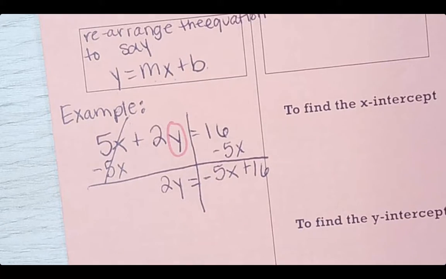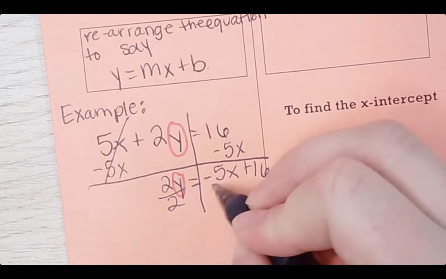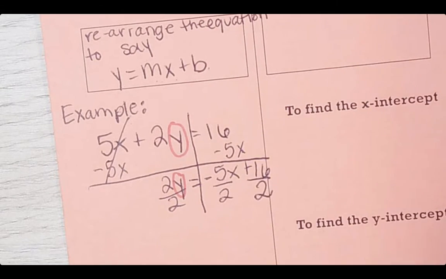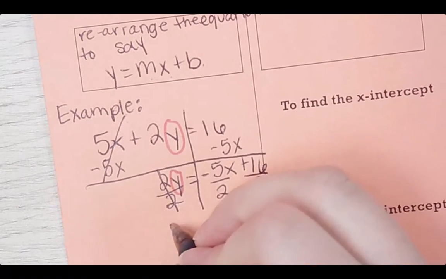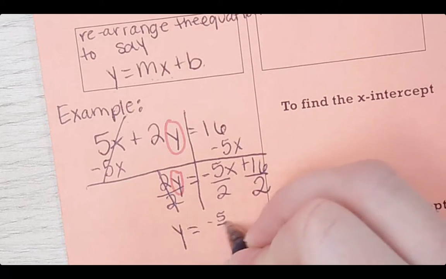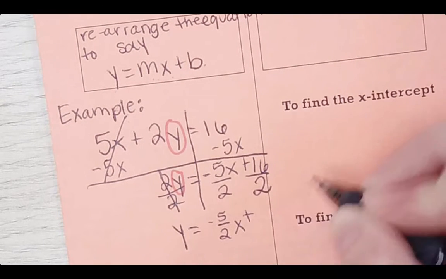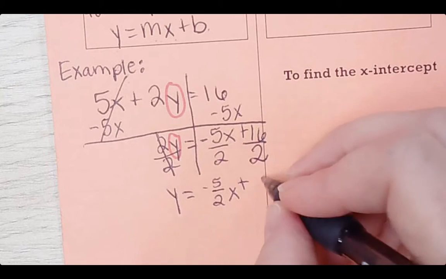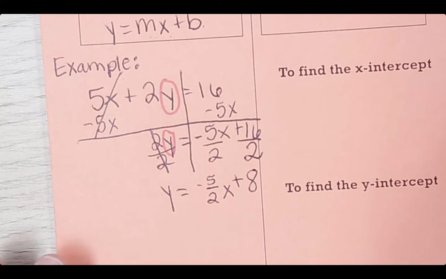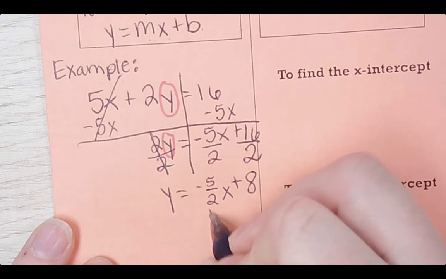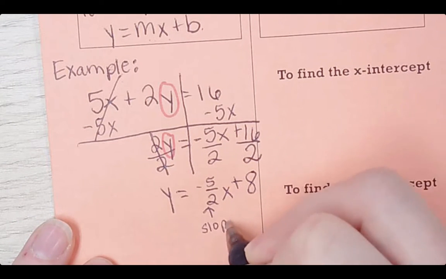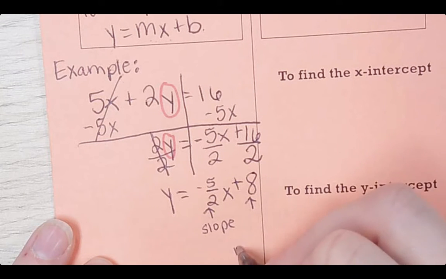Okay, and then we're still trying to get y by itself. So that means we need to divide by 2 all the way through. So those cancel, and I get y equals negative 5 over 2 x plus 16 divided by 2 is 8. Just to make sure we know about slope, remember slope is this, and this is our y-intercept.